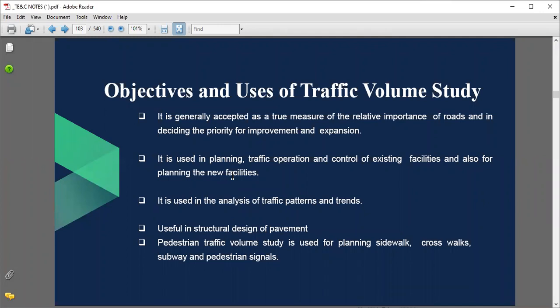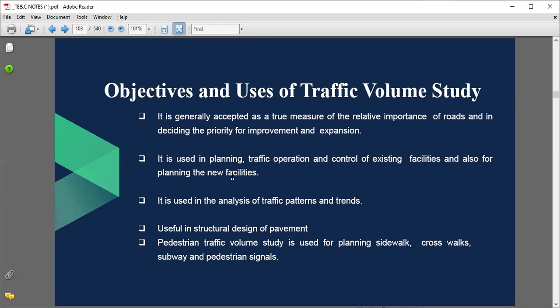But if the traffic volume is more, we have to understand the traffic situation and whatever conflict is there. For that purpose we have to make a plan for traffic operation, for controlling the existing facilities, and also for planning the new facilities.